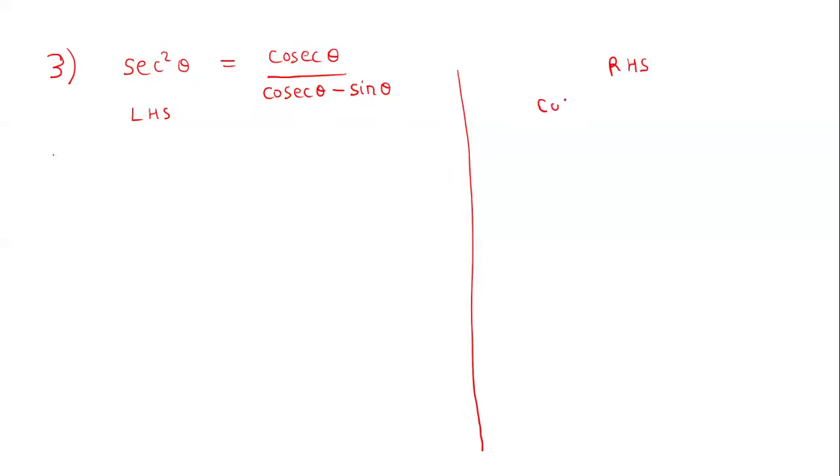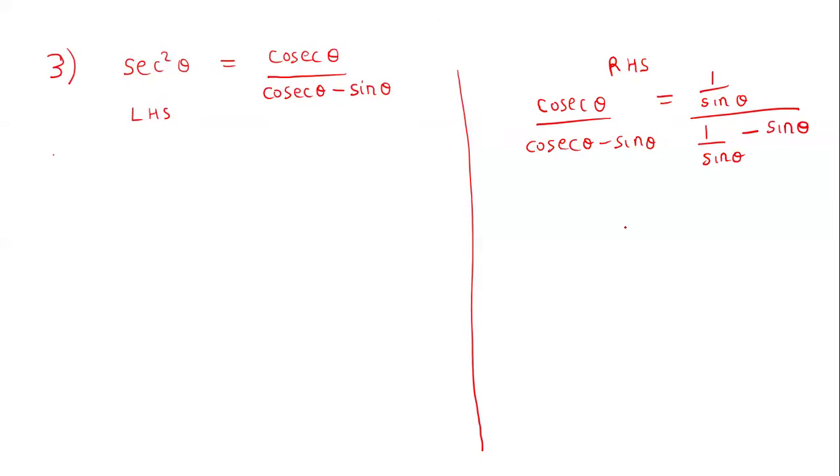So right-hand side, I have cosec theta out of cosec theta minus sine of theta. But you know that cosec is 1 out of sine. So this is 1 out of sine theta, divided by cosec, which is 1 out of sine of theta, minus sine of theta.